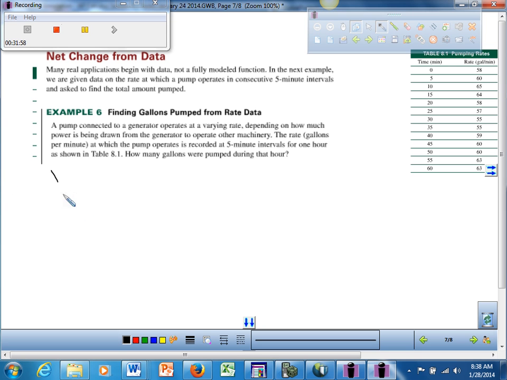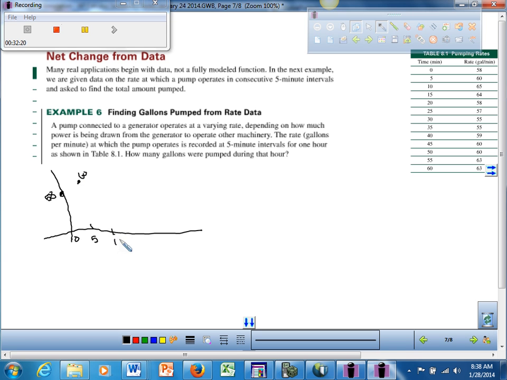I want you to think about a picture first. When we think about the picture, at time 0, we're at 58. This is the kind of thing I really want you to start drawing because it just makes it easier to see things. At time 5, we're at 60.